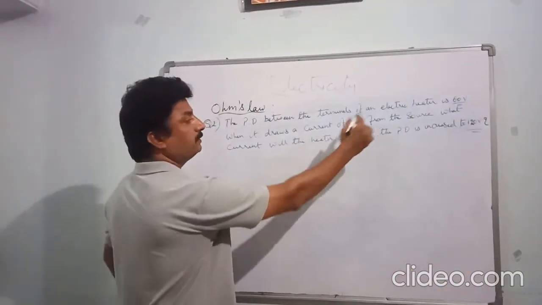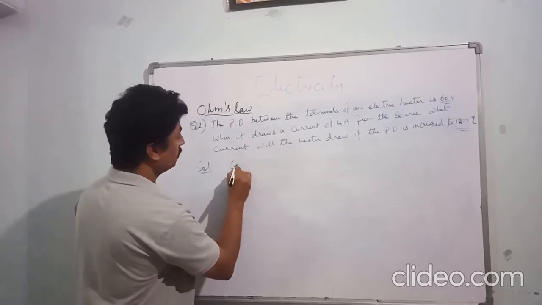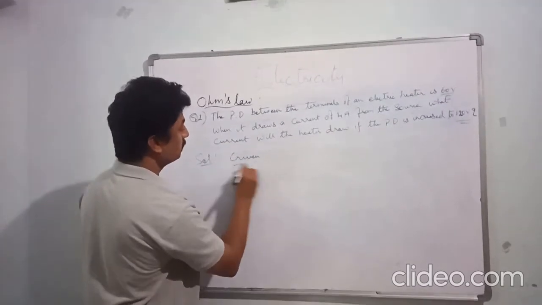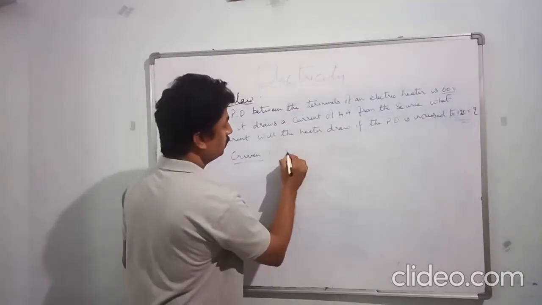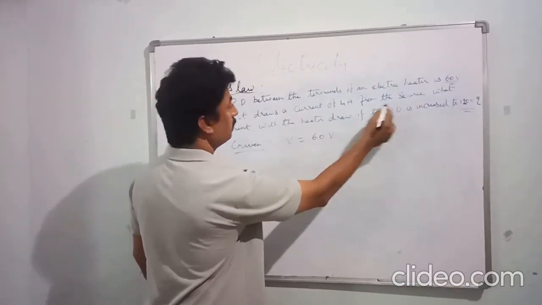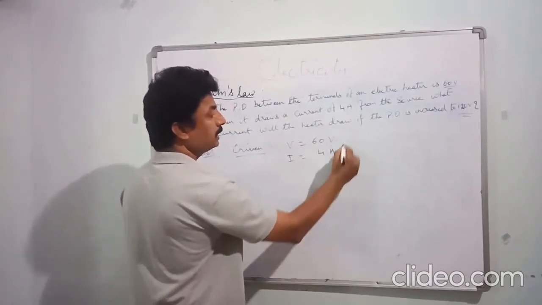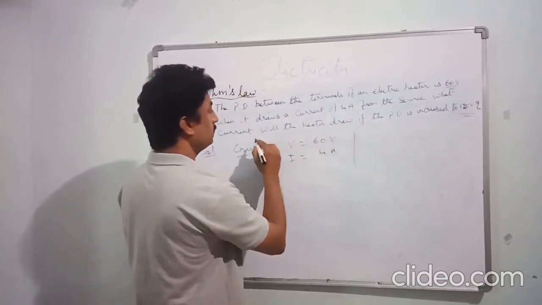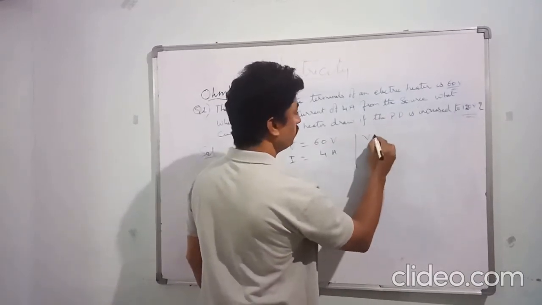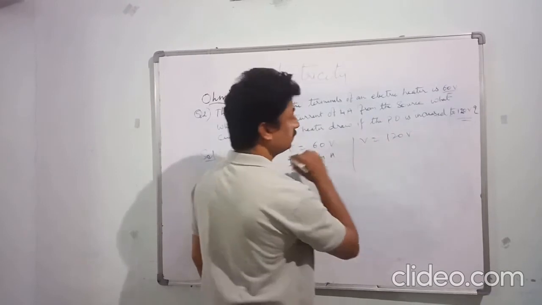Let us take from the first case what is given. Voltage is given, that is 60 volts, and the current I is given, that is 4 amperes. Equivalently, he is asking to find out the current when the same voltage is doubled, that is 120 volts, for the same heater.